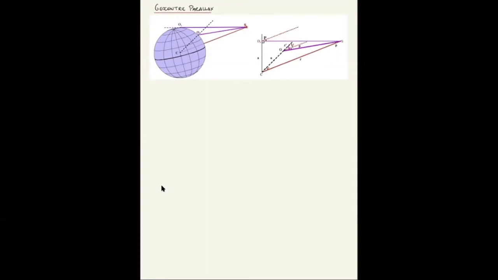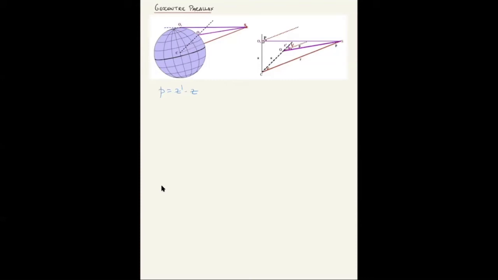So let us call the parallax the angle Z prime minus Z, which is the difference between the measured altitude, or the measured zenithal distance, and the true zenithal distance as it would be measured from the center of the Earth. That's similar to what we did for the annual parallax, which was the angle as measured from Earth minus the angle as measured from the Sun.